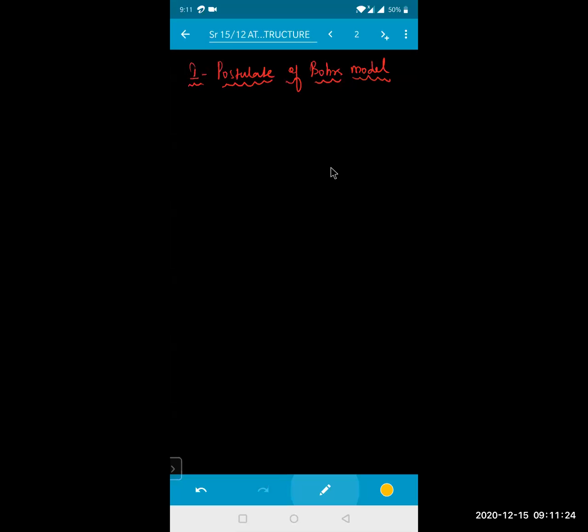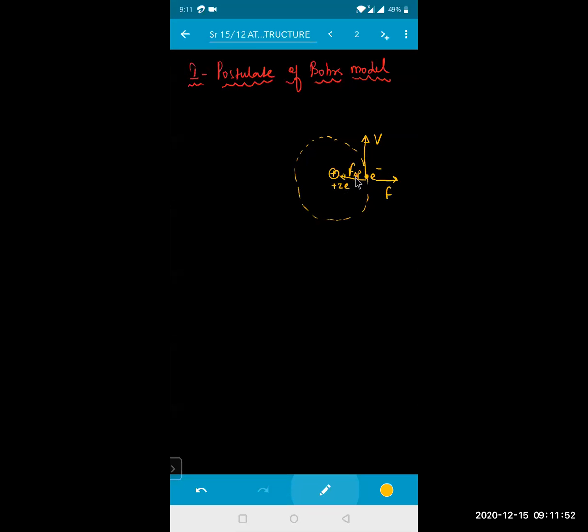For example, if I am taking the nucleus, that is plus Ze, electrons are revolving around it in a circular orbit, isn't it? So this electron, e minus, was moving with a velocity of v, and this was the force acting toward the center, that is the centripetal force F, and the electrostatic force was acting in the opposite direction.